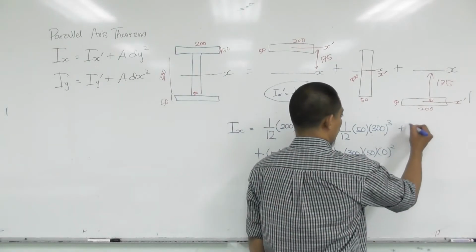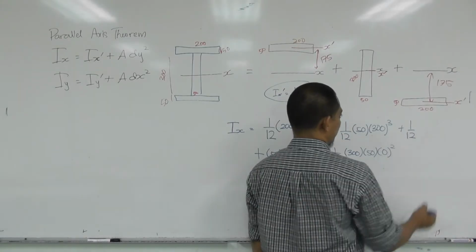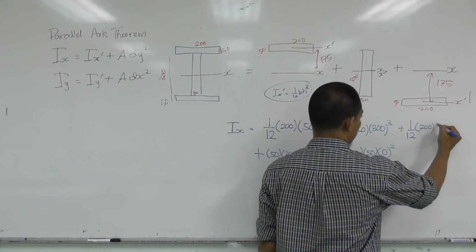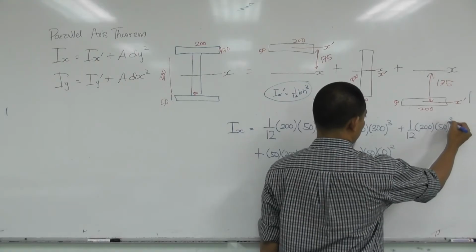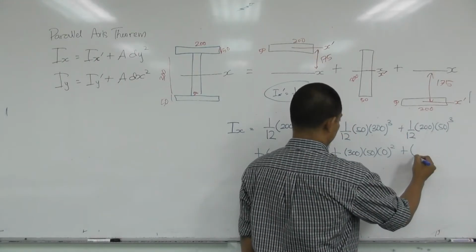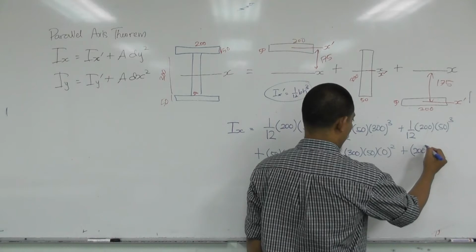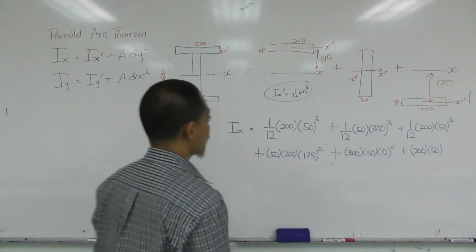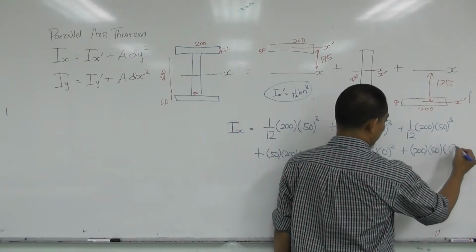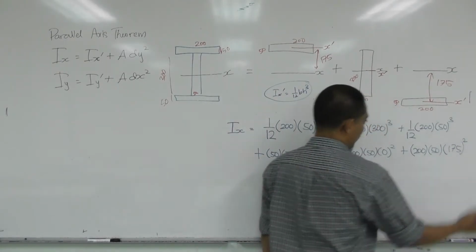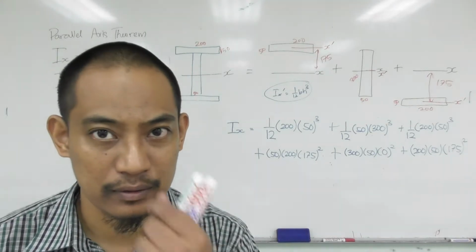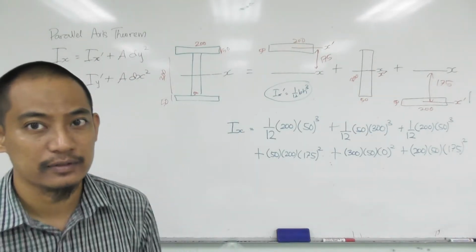Then plus 1 over 12 bh cube. B is 200, h is 50 cube, and then plus A, 250, and then dy square, which is 175 square. Is it still in the frame, that square? I think so, right?